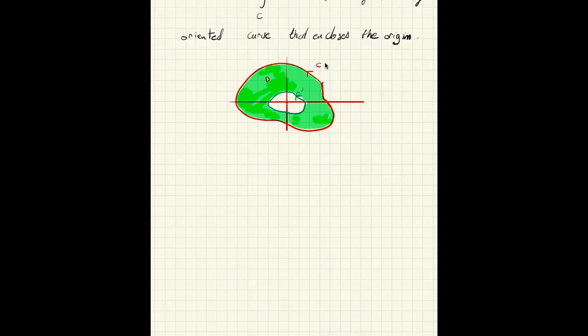I'm not gonna do the calculation, but verify that dP/dy is equal to dQ/dx. It's a long calculation. You have to do partial derivatives with a lot of x and y and simplify.